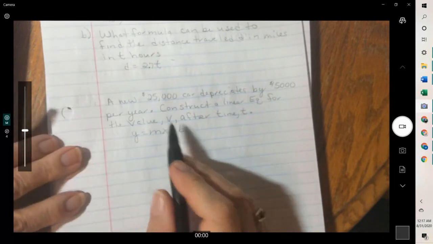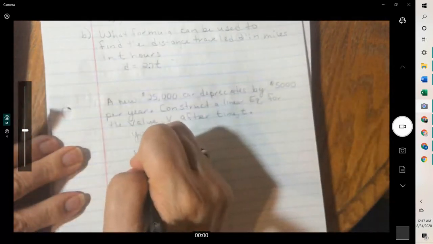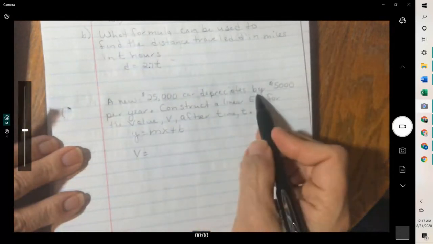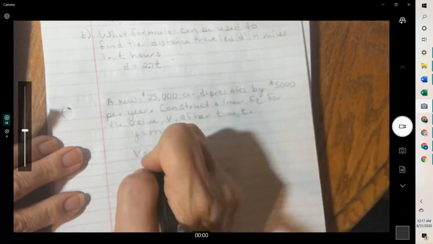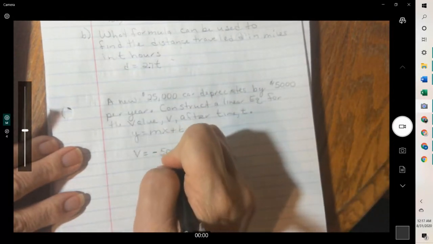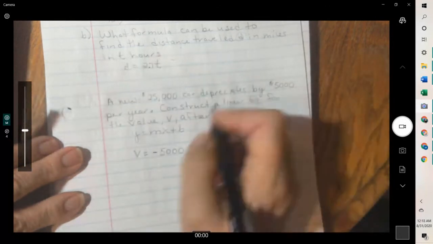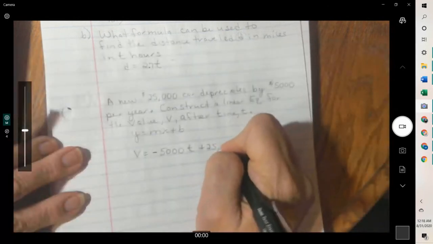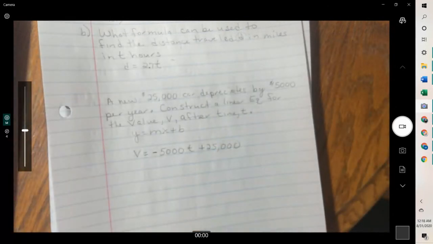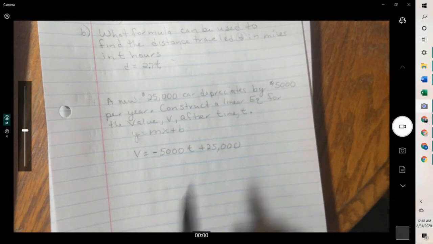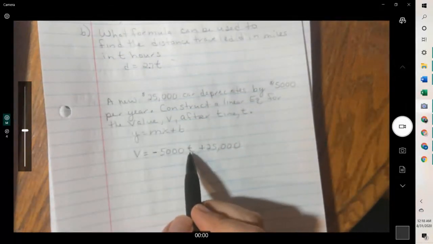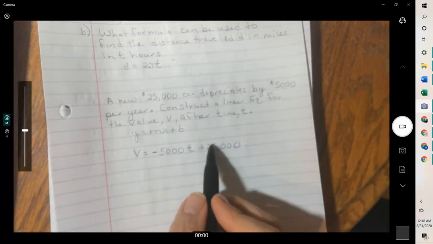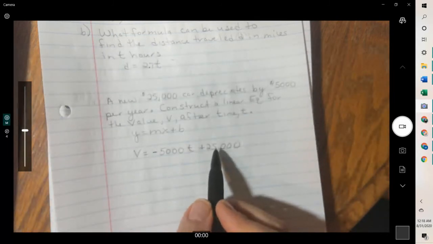But they want us to use V. So V equals the rate of change. It depreciates by 5,000 per year, and year is our time. And the starting value is 25,000. That'll be our formula. So rate of change always gets to go with the variable. A starting amount, in this case 25,000, would be your B.